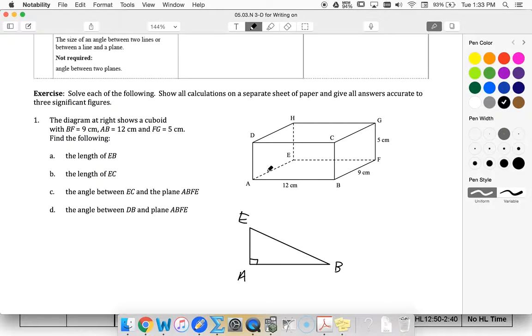Looking at my picture, A to E, well, that matches with B to F, and that's 9 centimeters. A to B is 12. And so I want to find EB. I'm going to use Pythagorean Theorem. So EB squared equals 9 squared plus 12 squared.